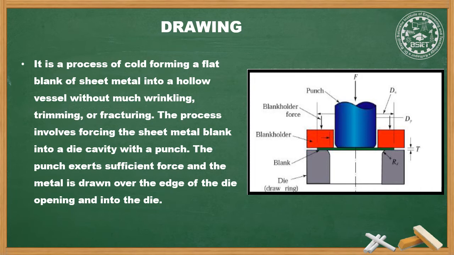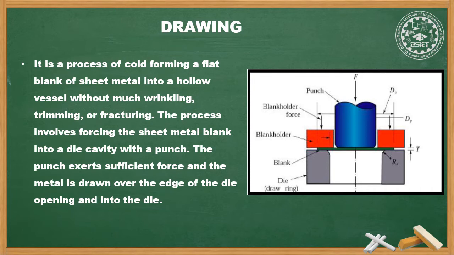The punch descends slowly, that is, the punch moves slowly on the blank, and the metal is drawn into the die, and the blank is formed into the shape of a cup as the punch reaches the bottom of the die. When the cup reaches the counterbore portion of the die, the top edge of the cup formed expands a bit due to the spring back effect.